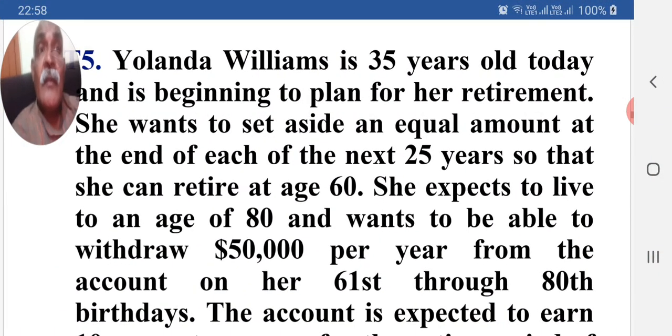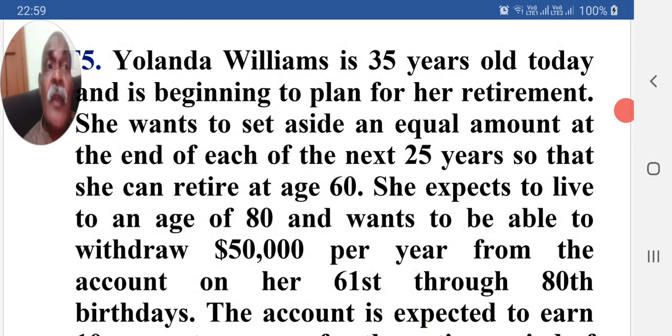You are expecting an equal amount for the years after retirement, and you are expecting your life to be 80 years, and you want 50,000 rupees per year from the first date after retirement, that is from the 61st birth date up to the 80th birth date.